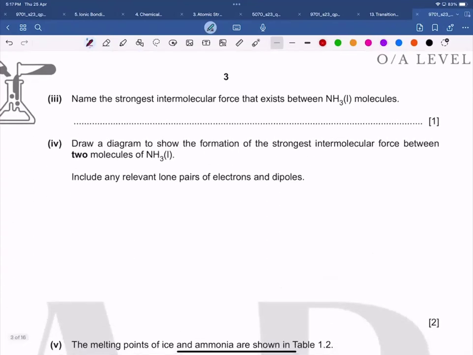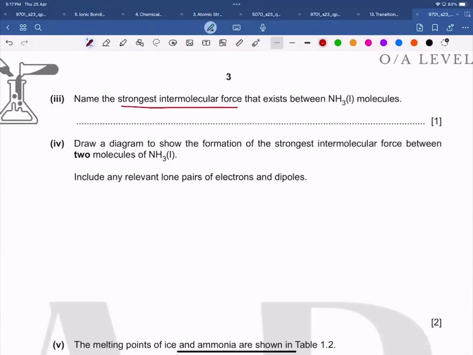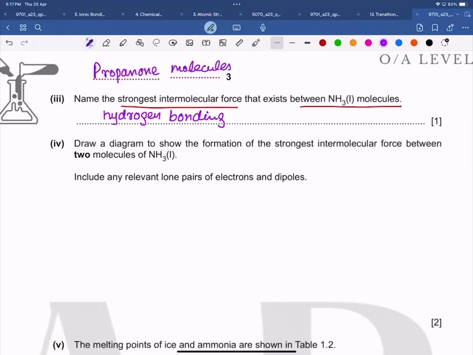Okay. Now, name the strongest intermolecular force that exists between ammonia molecules. Hydrogen bonding. If I ask you the strongest attraction between propanol molecules, permanent dipole forces, because propanol has a dipole in it, right?